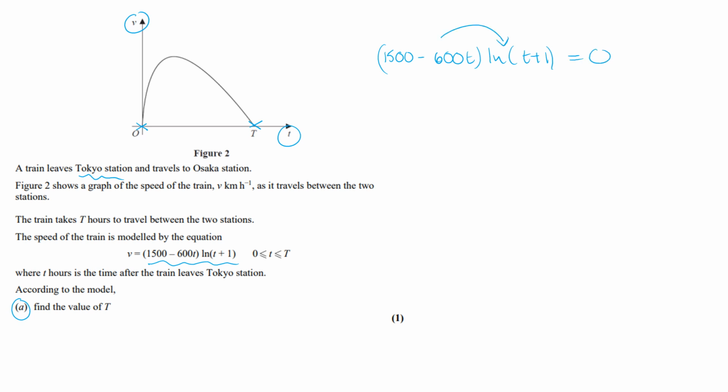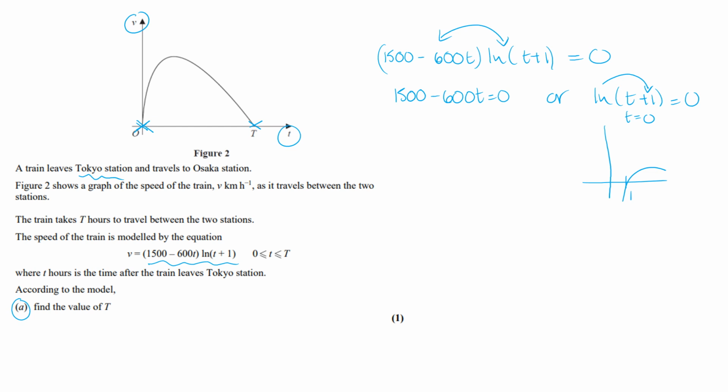Now these two terms are being multiplied together, so that's either going to happen when 1500 minus 600t is equal to 0, or the ln of t plus 1 is equal to 0. Now we should know that the ln of 1 is equal to 0. So if t is equal to 0 here, we just have the ln of 1, and that's going to correspond to the origin, that place there.